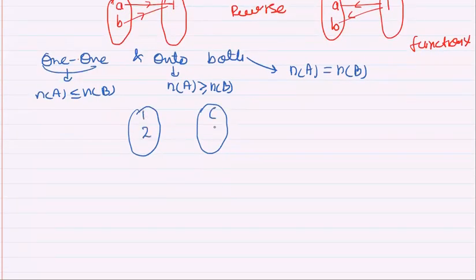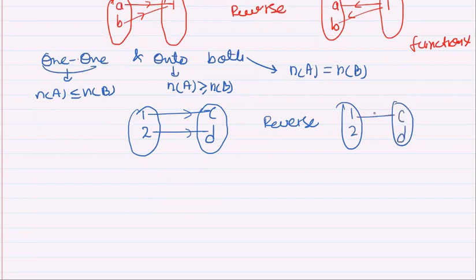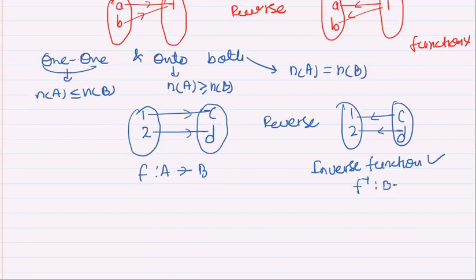That 1, 2, and then C and D. So this is now one-one as well as onto, right? If you make a reverse of that, this is 1, this is 2, and this is C, this is D. Now this is a function. Yes, this is a function also, and this inverse function exists. This function is A to B and this inverse function is B to A. So both exist.